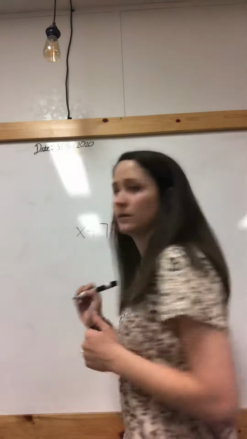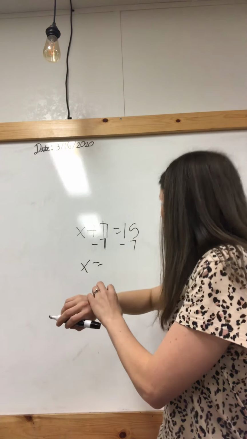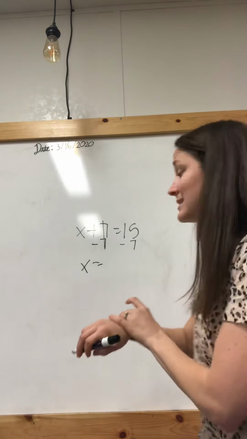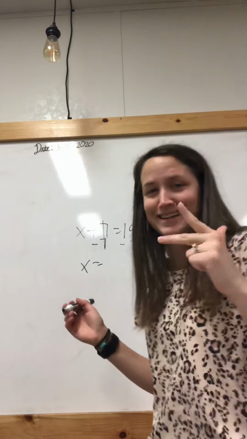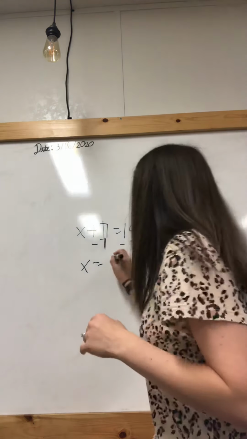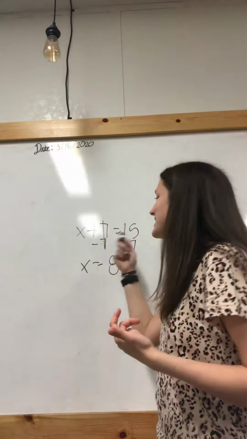So you have to subtract 7. Remember, we have to do it on both sides to get x by itself, so we have to minus 7. These cancel out, so x is equal to 15 minus 7, and 15 minus 7 is 8. So, check it. 8 plus 7 is equal to 15, okay?